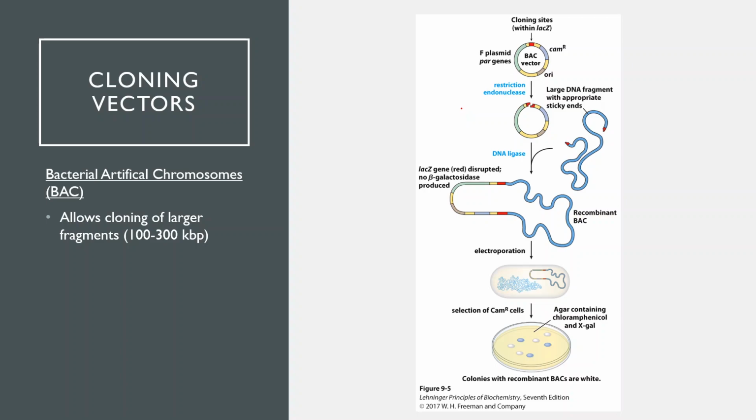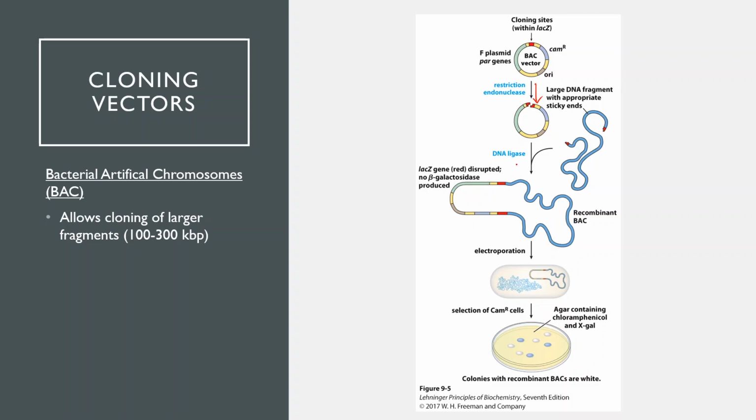So you can cut the plasmid and cut your target DNA. So the target DNA could be a piece of a chromosome, for example, like a eukaryotic chromosome, and incorporate it into the bacterial artificial chromosome, and then get those into the bacterial cells.